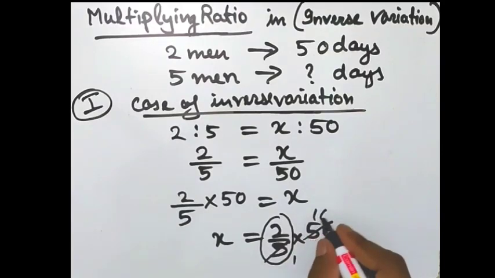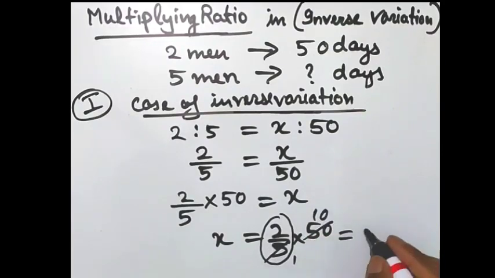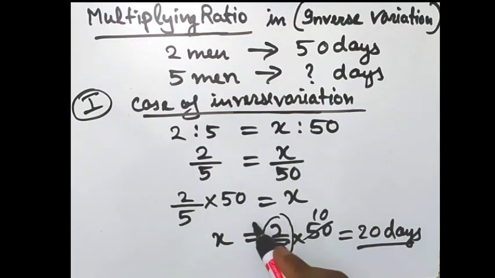So 5 ones are 5, 5 tens are 50, 2 tens are 20, so 20 days. So 5 men will take 20 days. Now this was the first method that we have used. Now we were able to identify the multiplying ratio. Now the second method we can use directly by applying the multiplying ratio method.